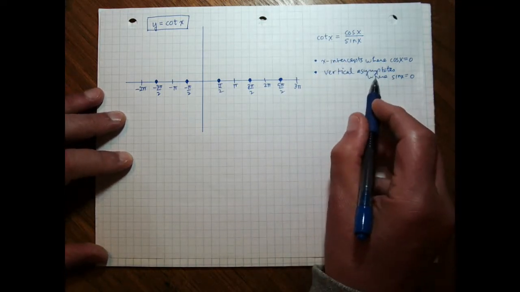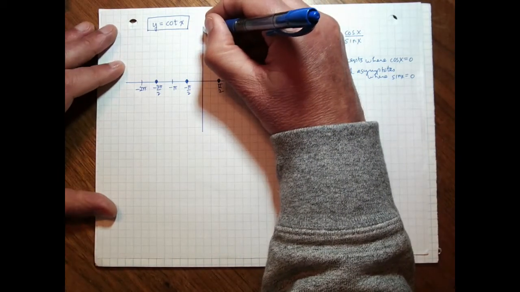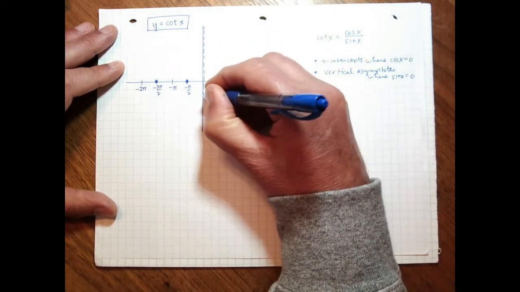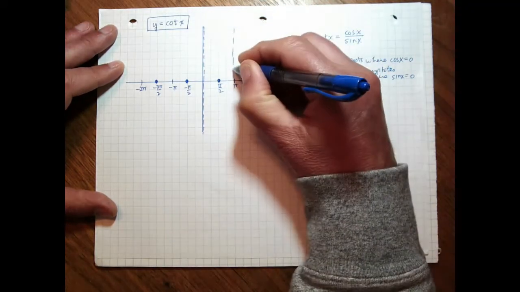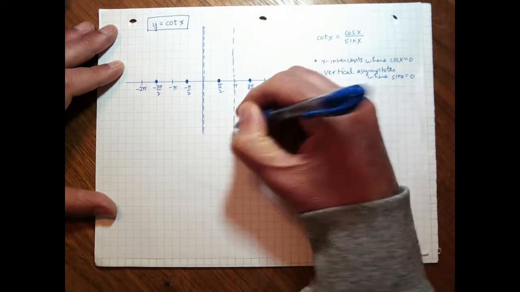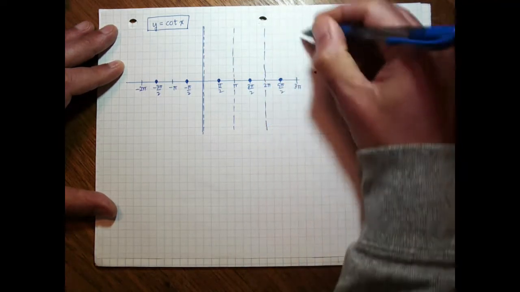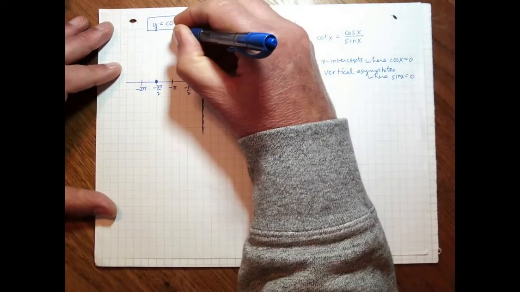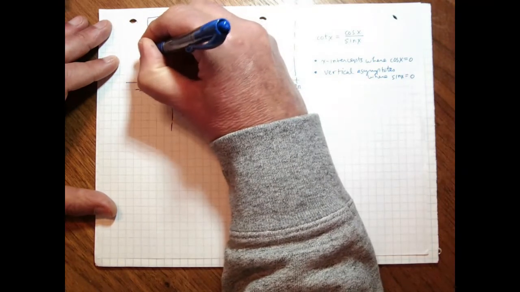Its vertical asymptotes occur where sine is 0. And that's actually at 0. The y-axis is a vertical asymptote to cotangent. And at pi, at 2 pi, so at all the multiples of pi, negative pi, negative 2 pi.